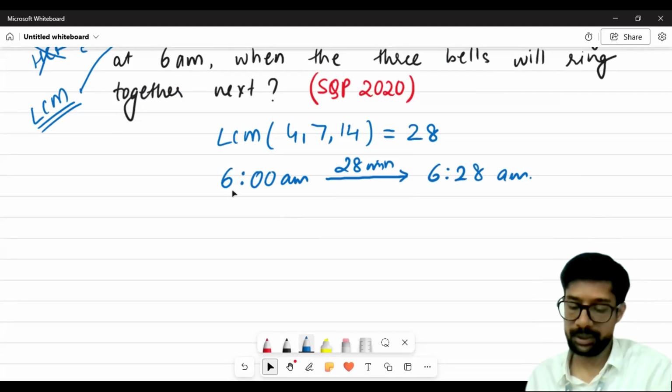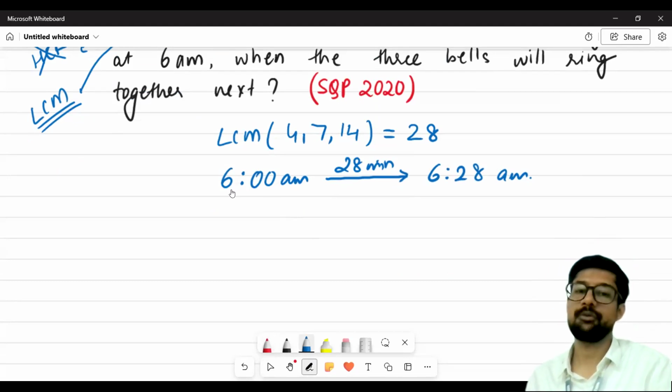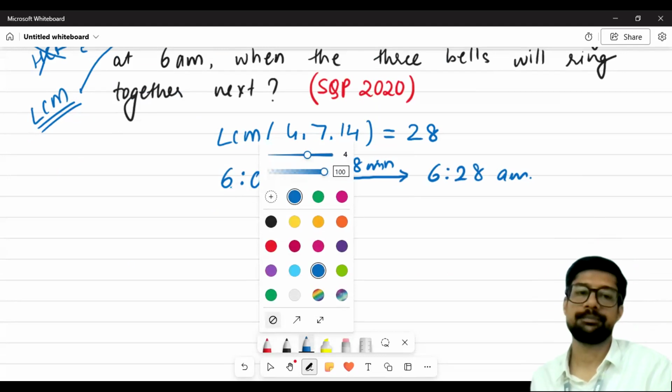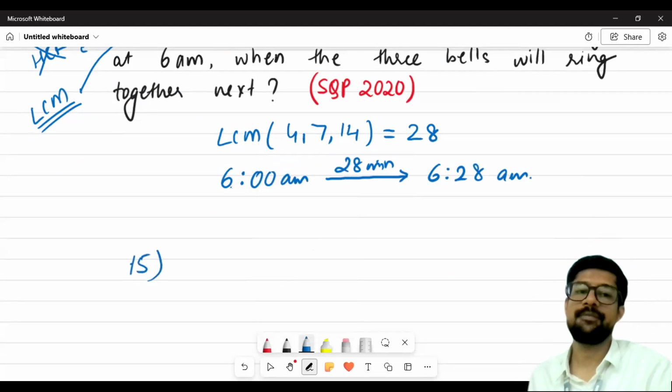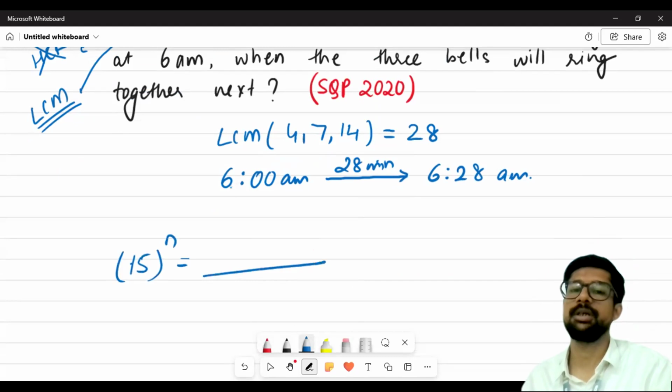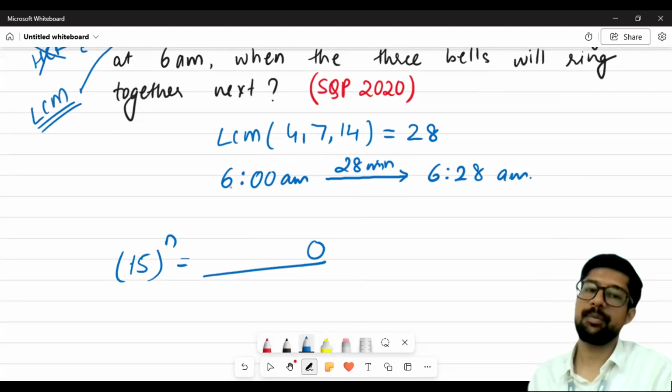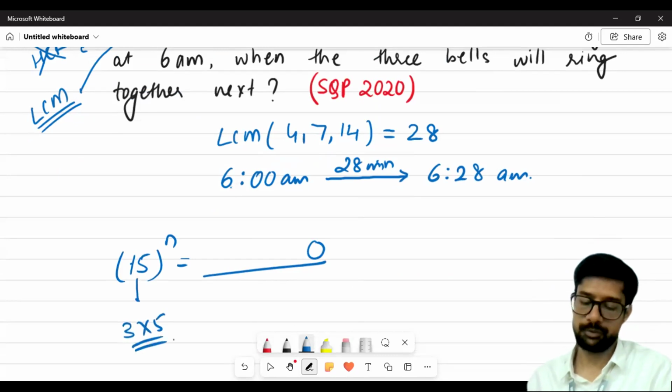So what would you describe? 5 तो है वहां पे. Why 15 to the power n could not end with the digit 0? 2 and 5 both should be available. What we have here is 3 and 5. So we are missing 2 right now. That could be dealt off.